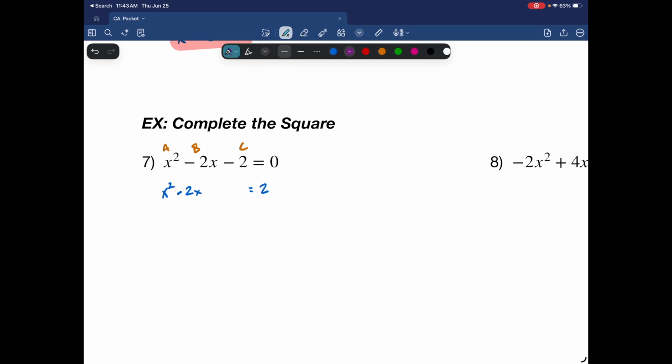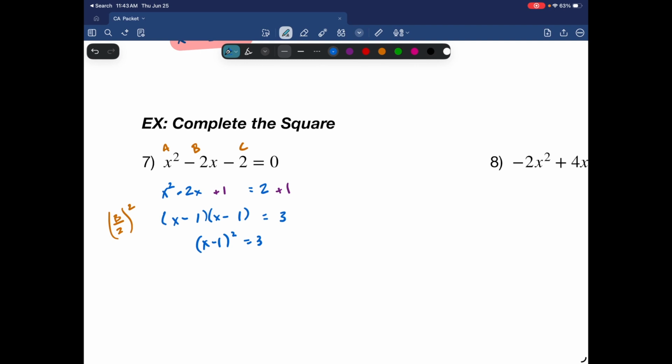Now I'm going to take the B term, which is negative 2, divide it by 2, and square it. Negative 2 divided by 2 is negative 1. If you square it, you get plus 1. And whatever you do to one side, you do to the other. This allows you to get x minus 1 all squared equals 3.